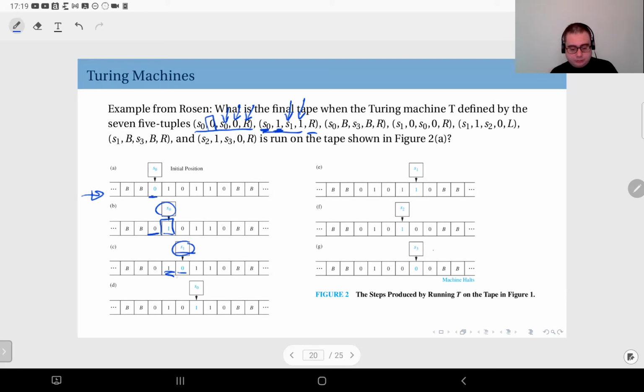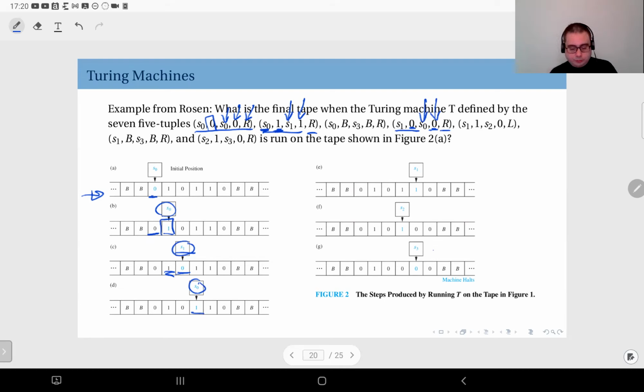So S1 and input symbol 0. S1, input symbol 0 is this configuration. This says that the next state will be S0, write 0 to the cell and move right. Since this is already 0, I'm not going to modify the tape content, but change state to S0. And I'm looking at the one towards the right.